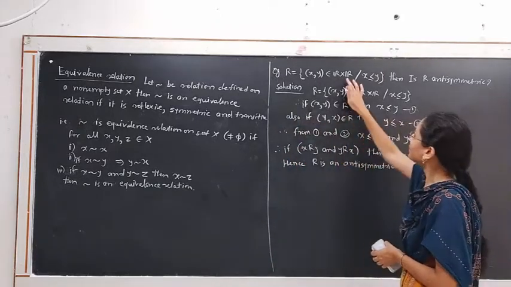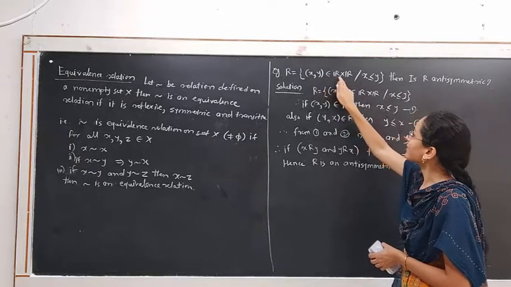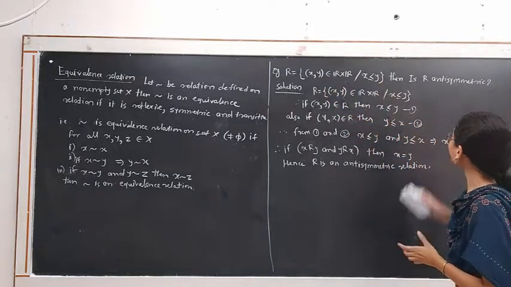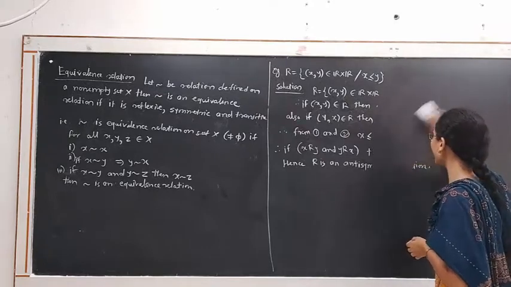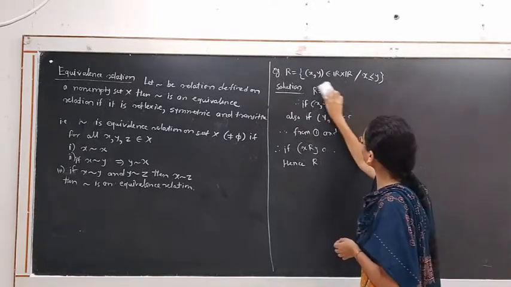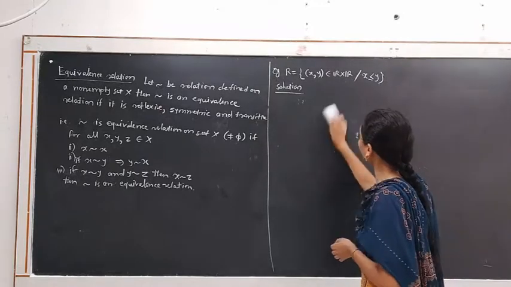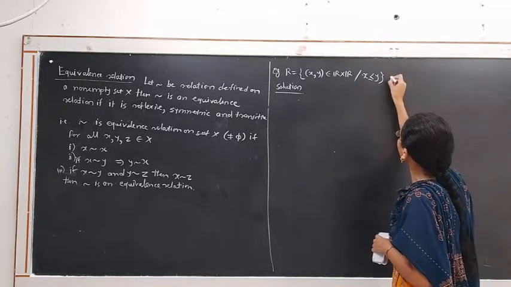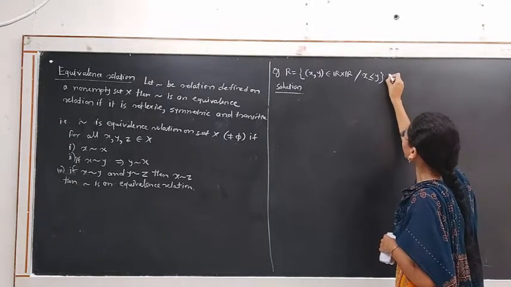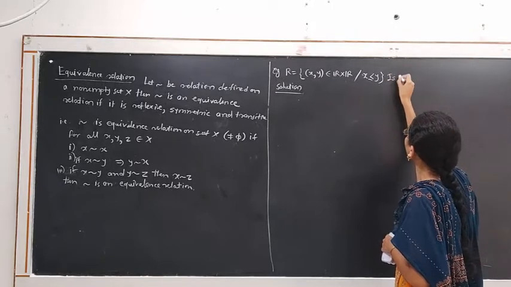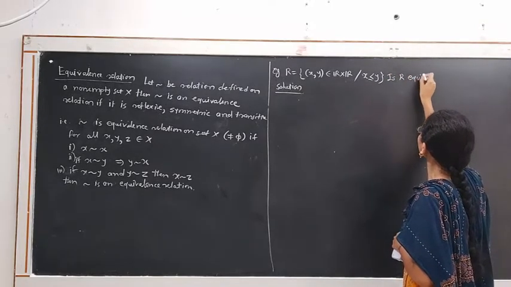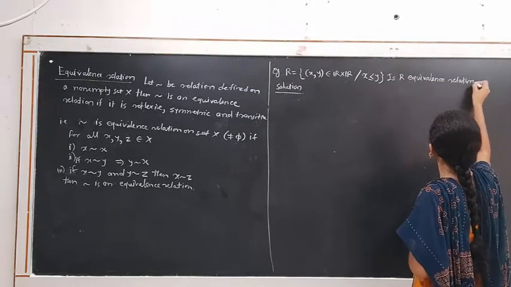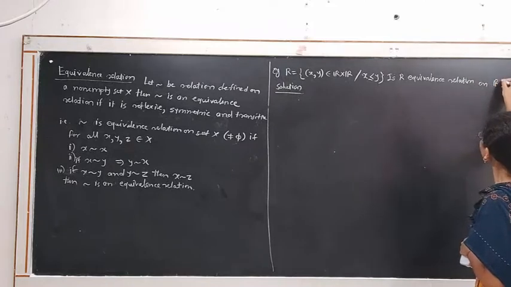See this example. R is equal to the ordered pairs (x, y) belongs to R cross R, where x is less than or equal to y. We will see whether this relation is an equivalence relation or not. If R is defined on the set of real numbers, then is R an equivalence relation on the set of real numbers?